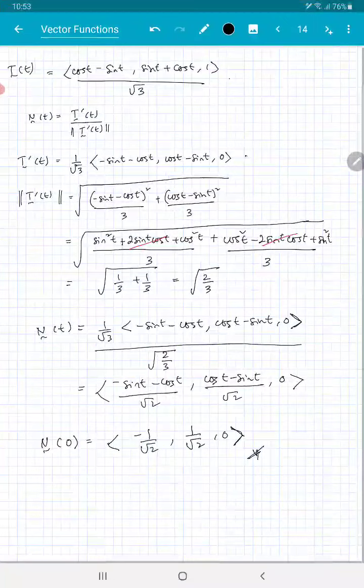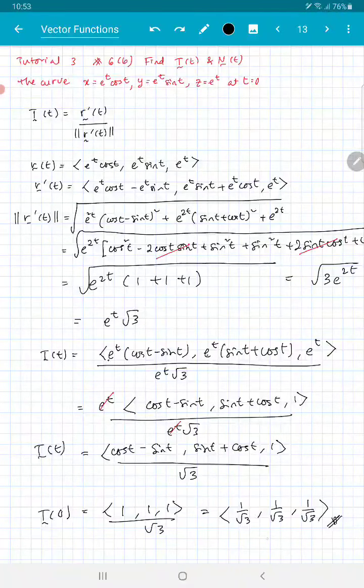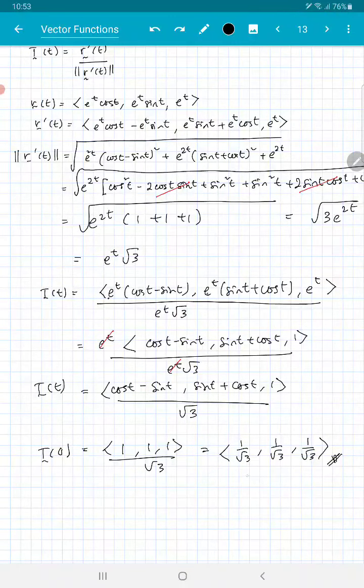Here we have our unit normal vector when t is 0, and in the previous one we have the unit tangent vector, which is 1 over square root of 3 i plus 1 over square root of 3 j plus 1 over square root of 3 k.